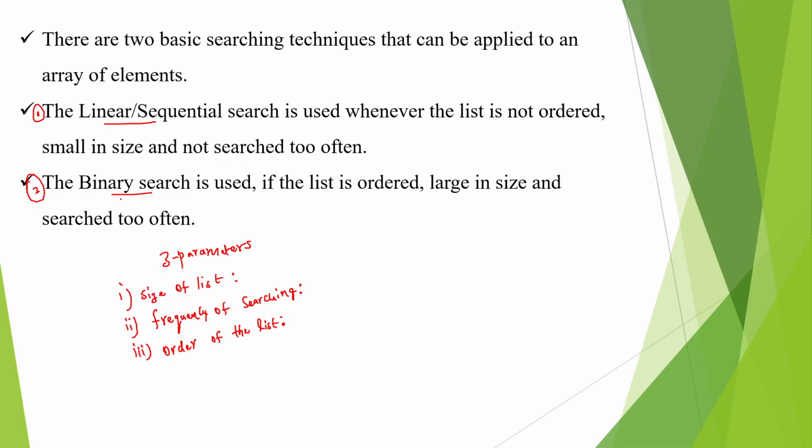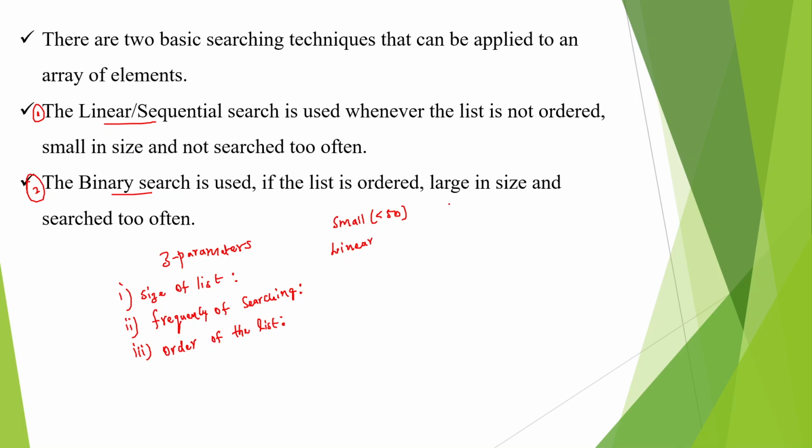So the first one, the size of the list. If it is small, say less than 50, then apply linear search. If the list has fewer than 50 items, go for linear search.